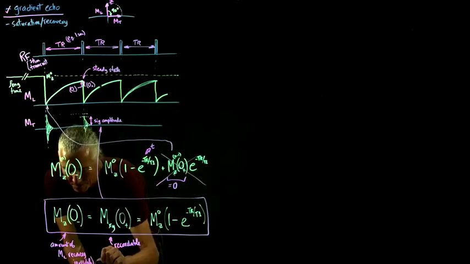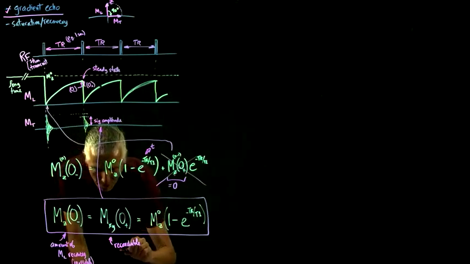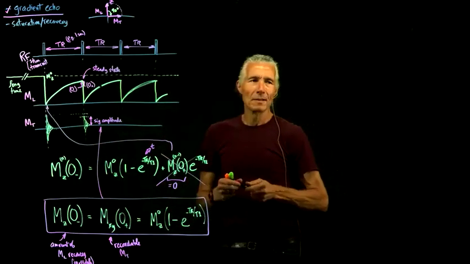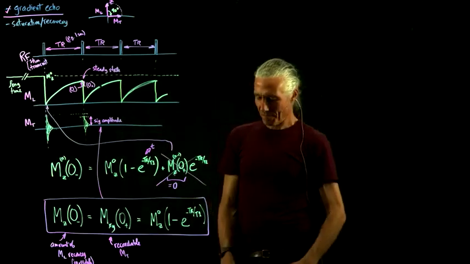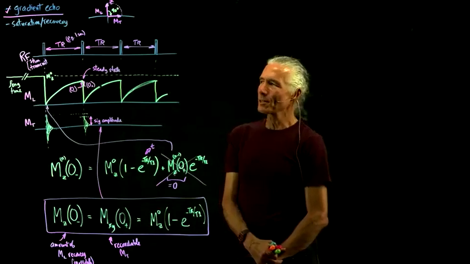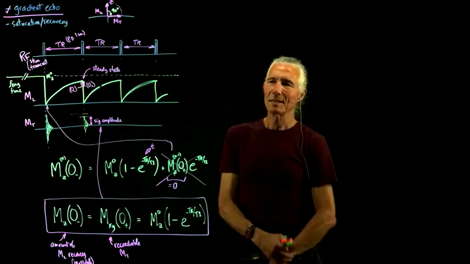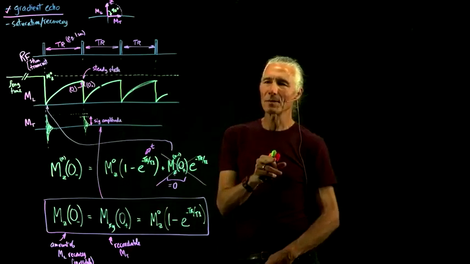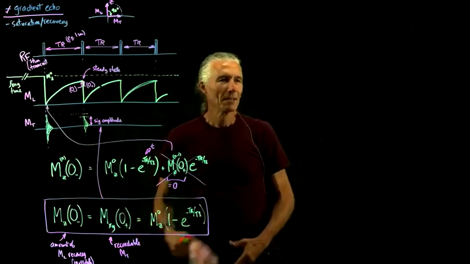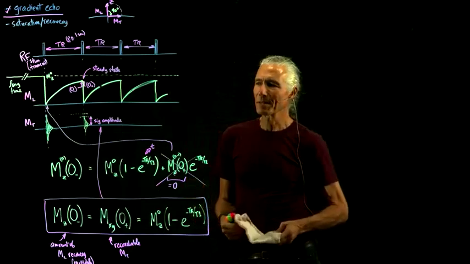And this is recordable magnetization transverse. Okay, so this is the very first pulse sequence, just a sequence of evenly spaced RF pulses, all the same size. Okay, so everybody okay with this? Questions about this?